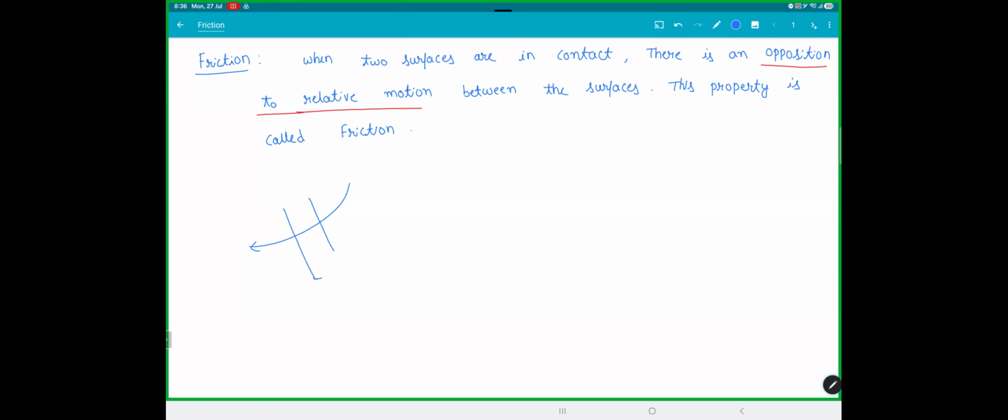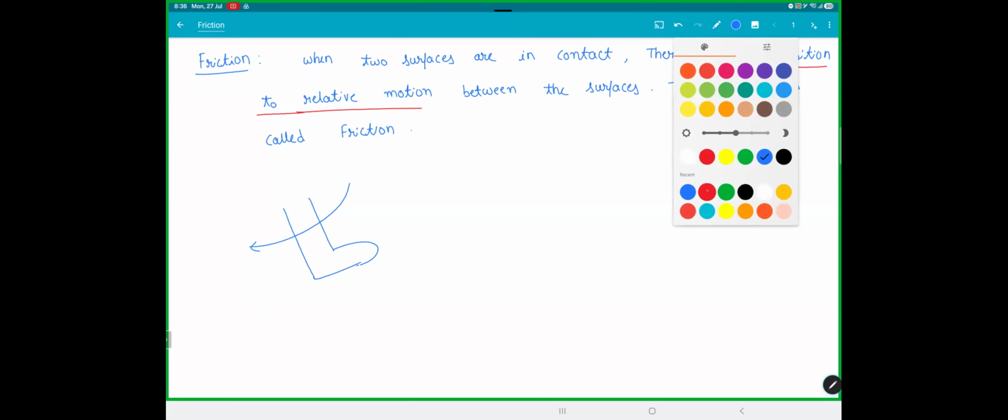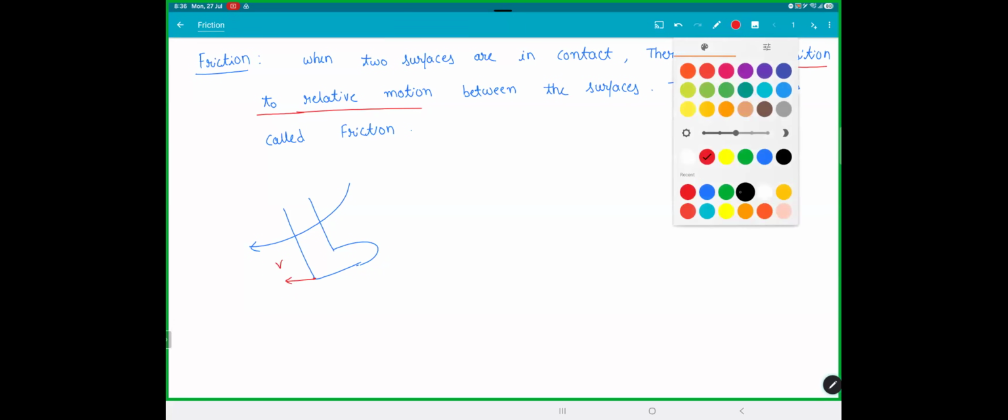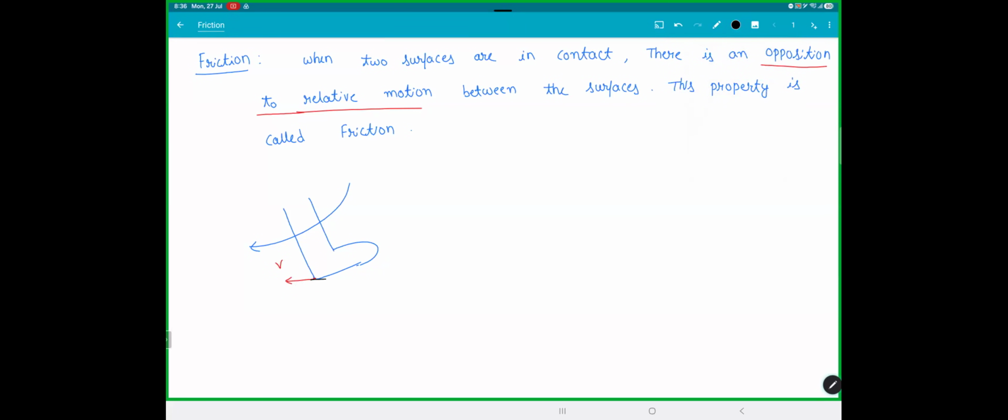When you're swinging it backward, look at the point at the bottom. This point is trying to go backward when it is touching the floor. So this point, the foot, is actually trying to go backward.